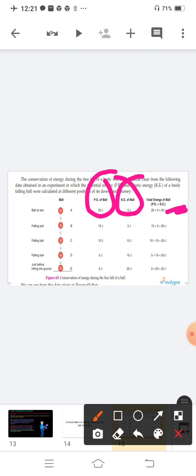As the ball comes downwards, what will happen? There is some motion. Now if there is some motion, some energy is due to motion.